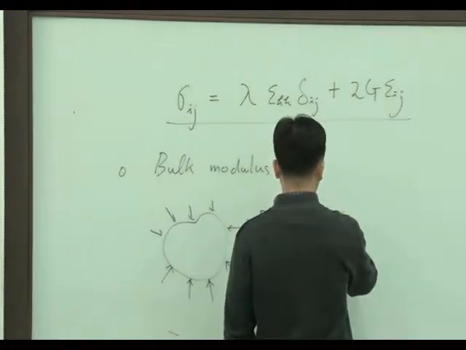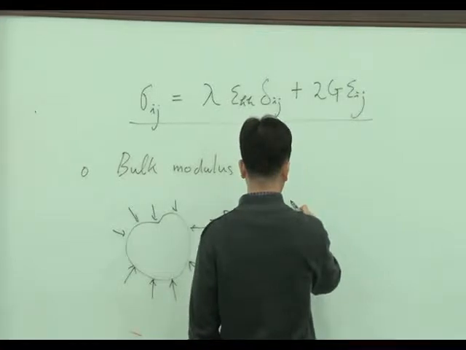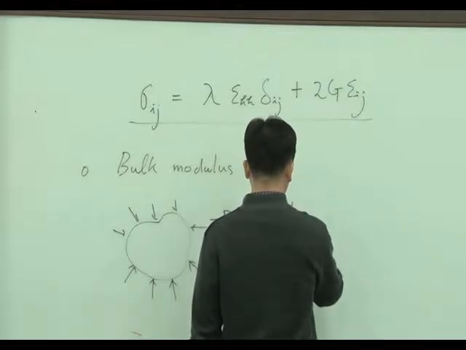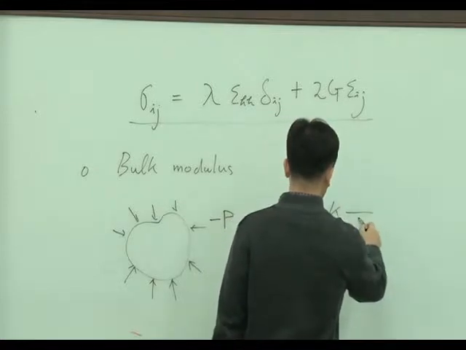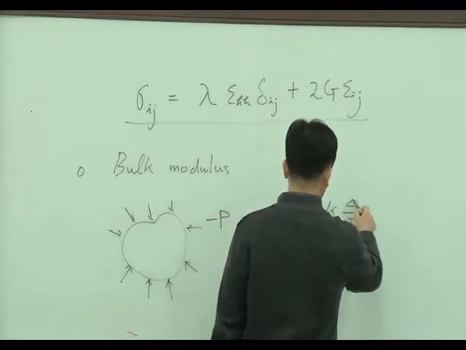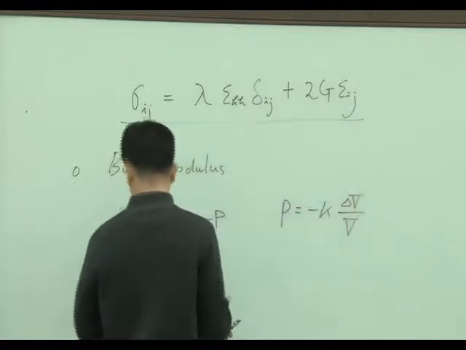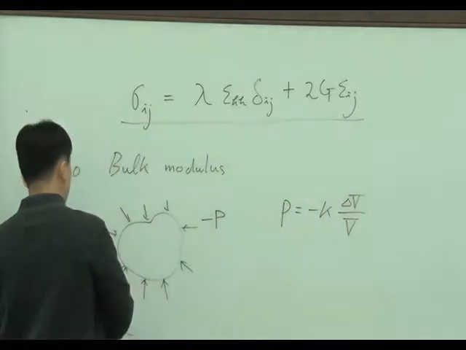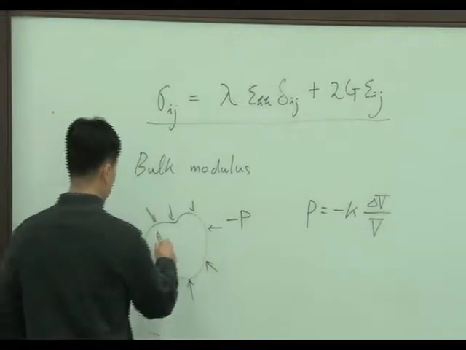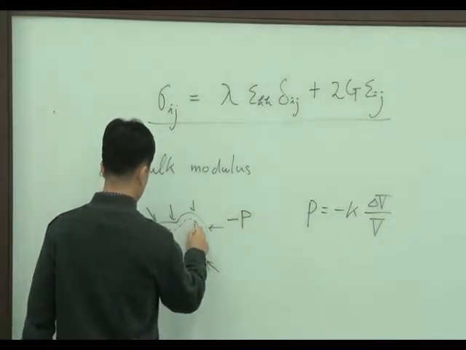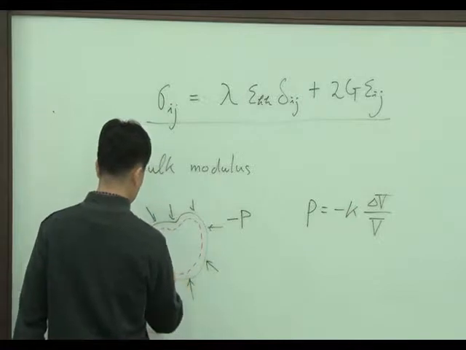So then P equals minus K delta V over V. The volume of this body will be changed like this.